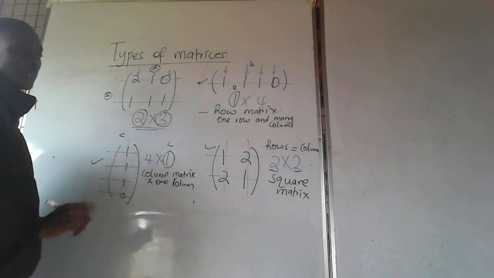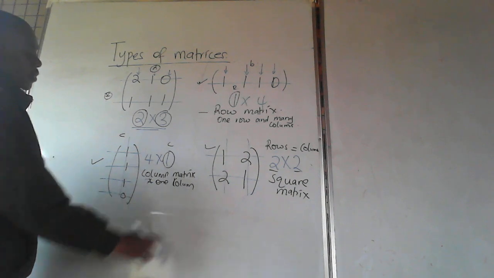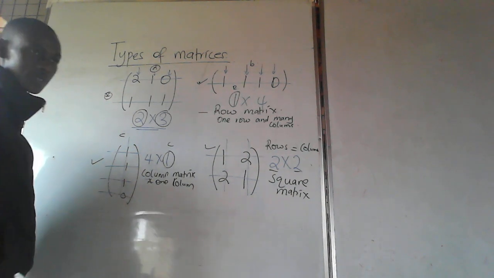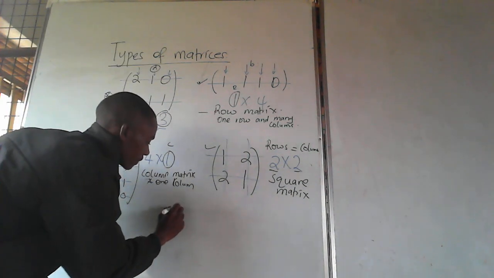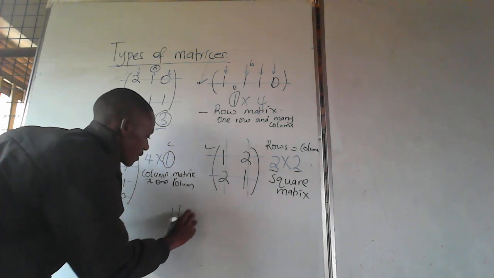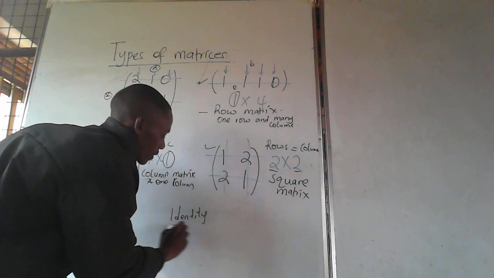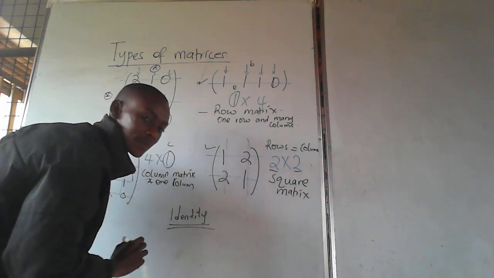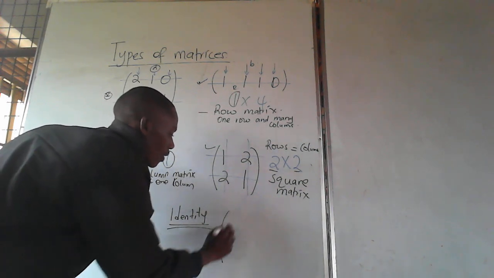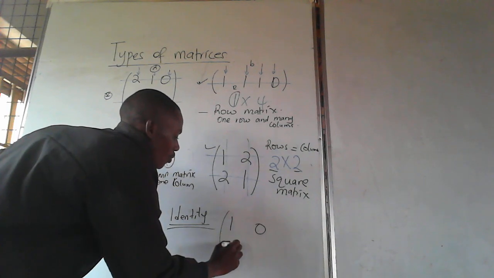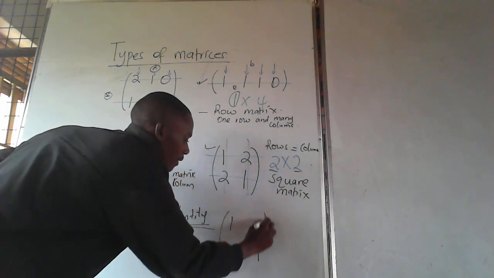Then maybe the last one is what we call an identity matrix. An identity matrix is a matrix that has like this, 1 0 0 1.